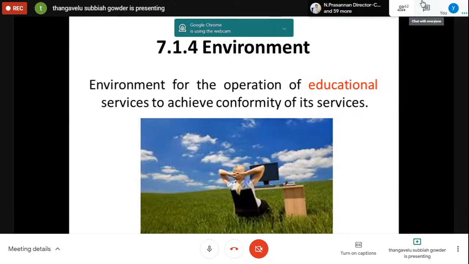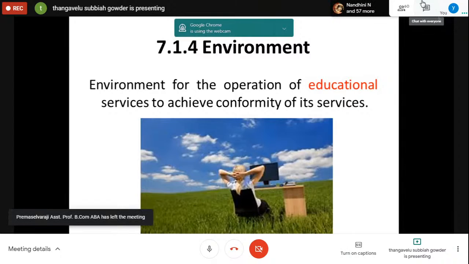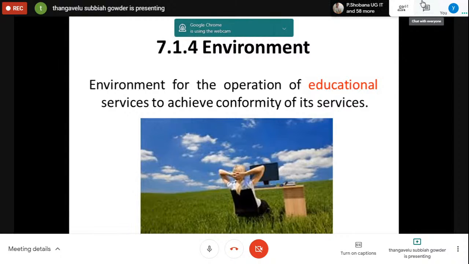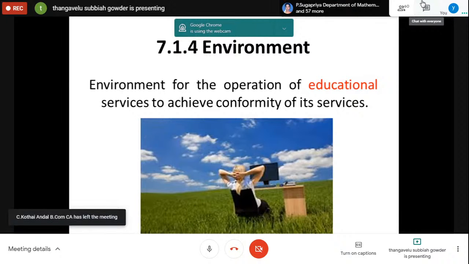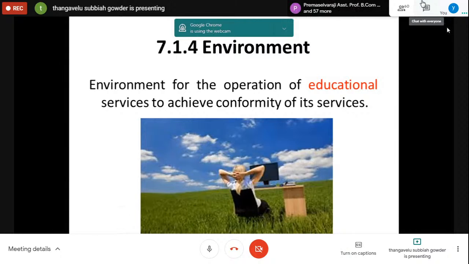That is their expectation. Do we have the environment to meet these education services? That we have to assess. It is not necessary that 100% of everything will be available; we will start in a phased manner. We have to meet the requirement as a part of continual improvement, find the additional requirements and meet them in the future plans.